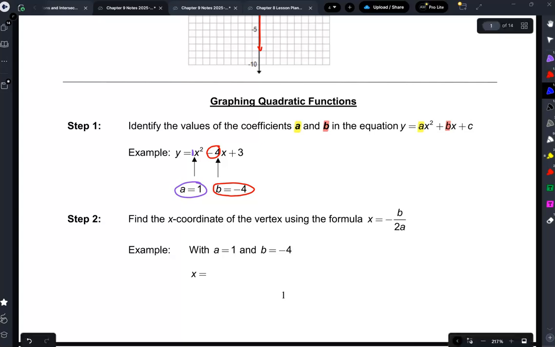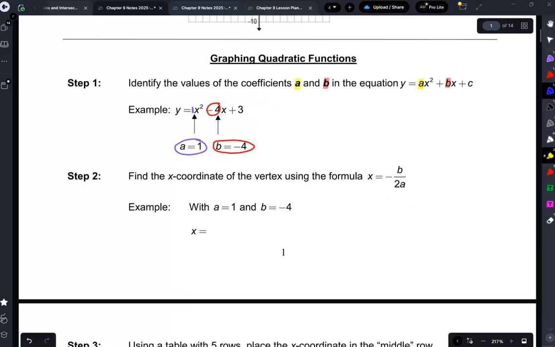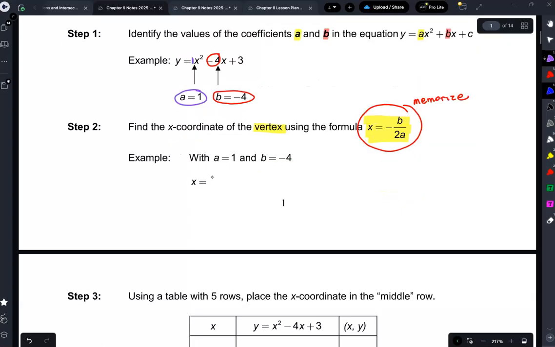Okay, now we come across a formula that you need to memorize. The x coordinate of the vertex is this formula that you have to memorize. X equals negative b over 2a. So let's go over here. X equals negative b over 2a.